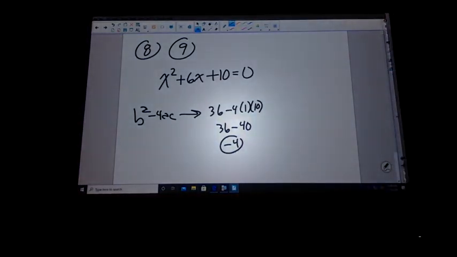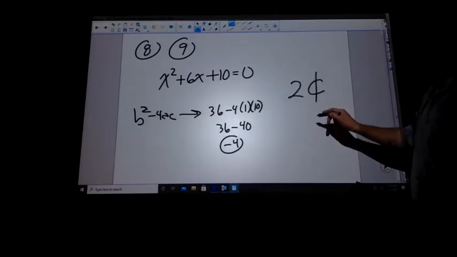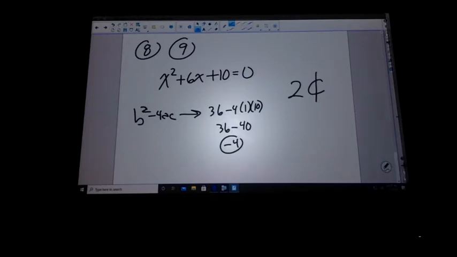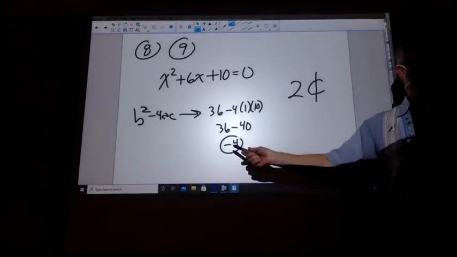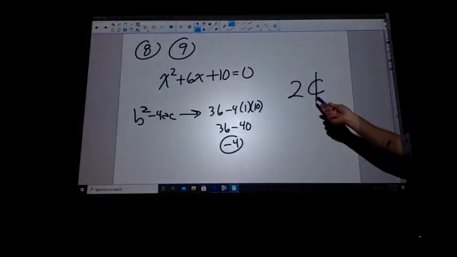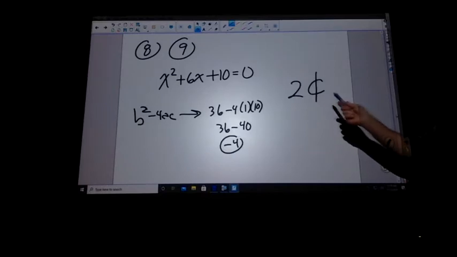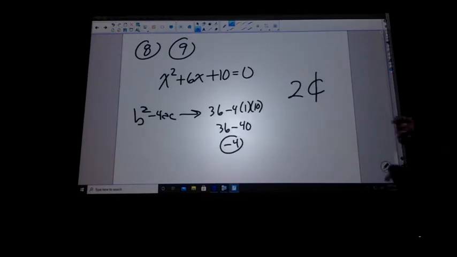So what can you tell me if I have a negative discriminant? Two complex solutions. Does it cross the x-axis? No. So the discriminant's negative, two complex solutions, and it will not cross the x-axis. If it doesn't cross the x-axis, are there x-intercepts?